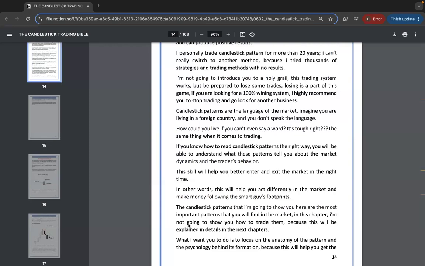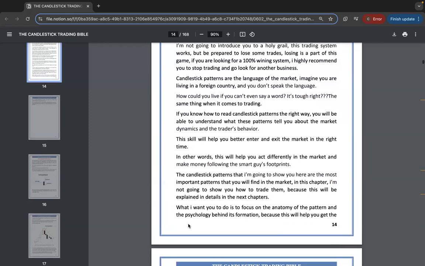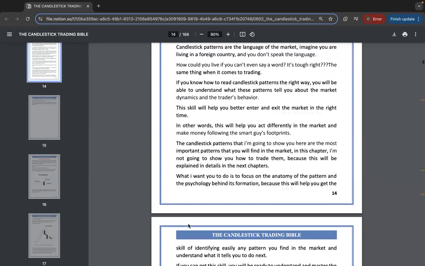The candlestick patterns that I'm going to show you here are the most important patterns that you will find in the market. In this chapter, I'm not going to show you how to trade them because this will be explained in detail in the next chapters.